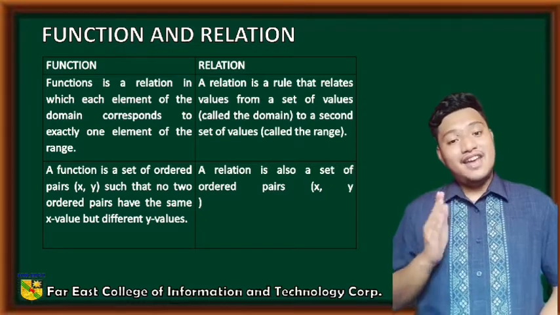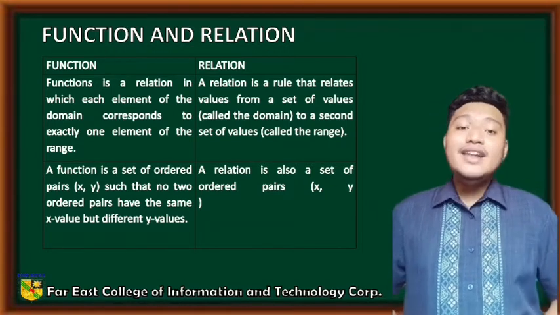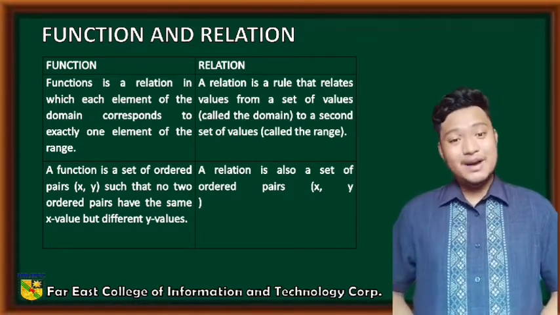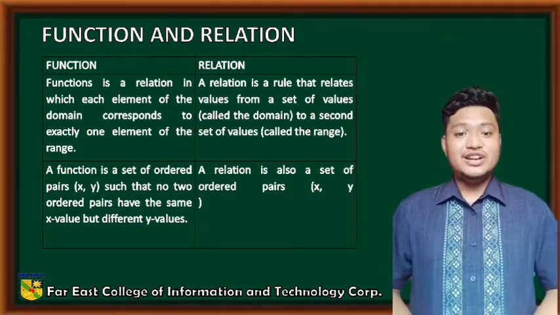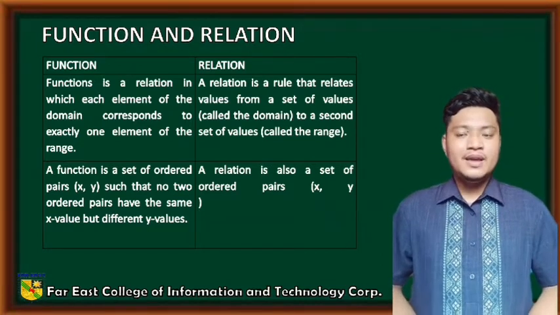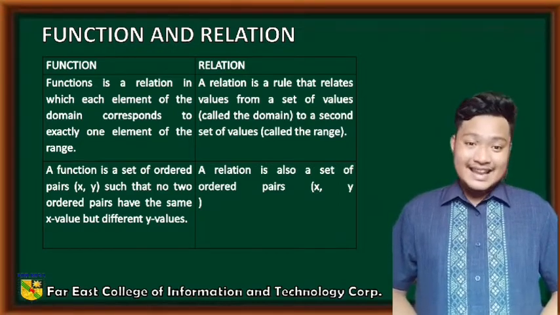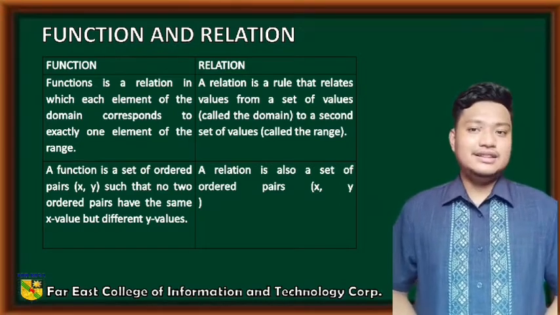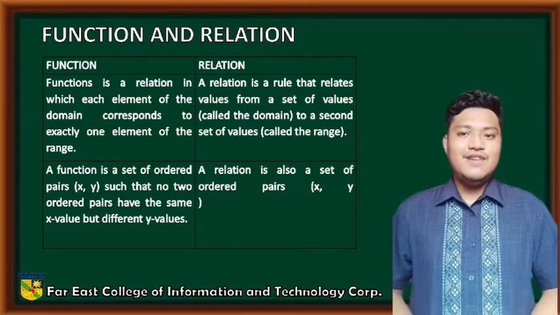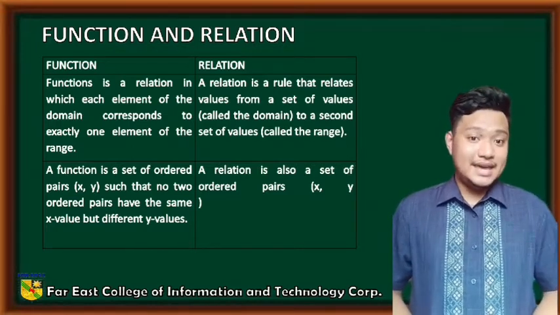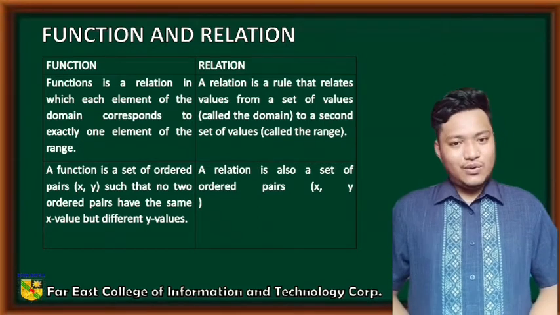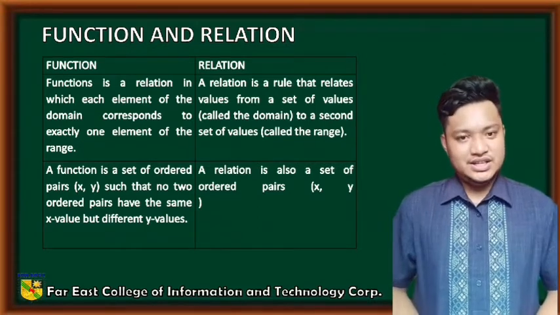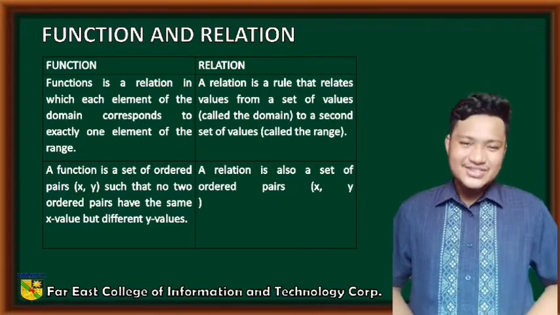As I said earlier, one element corresponds to another element, which is the range. While a relation is a rule that relates values from a set of values called the domain to a second set of values called the range. So don't be confused again.